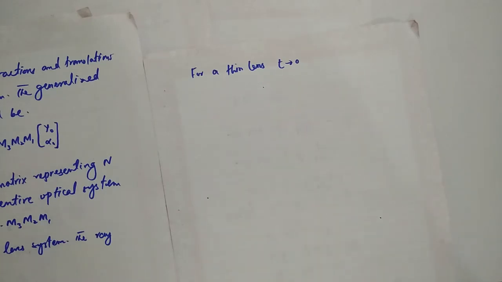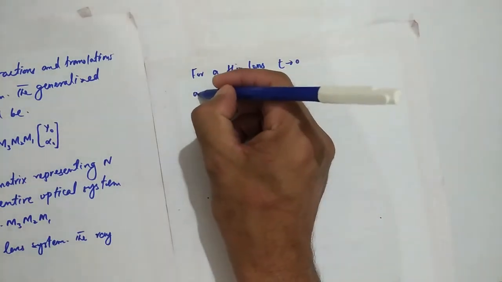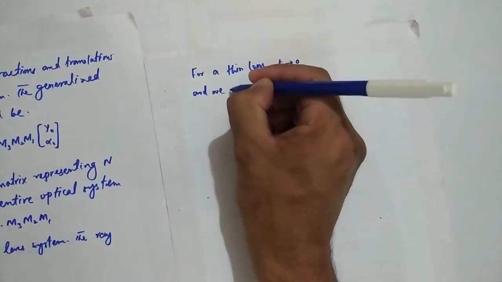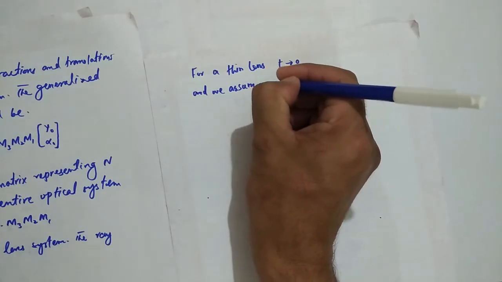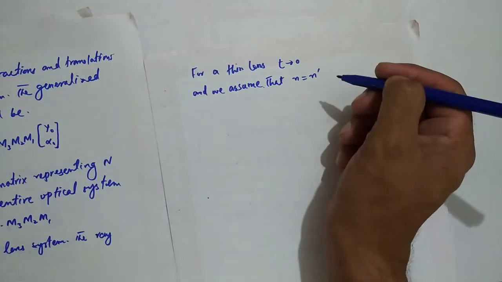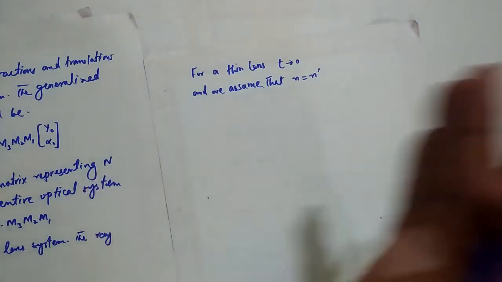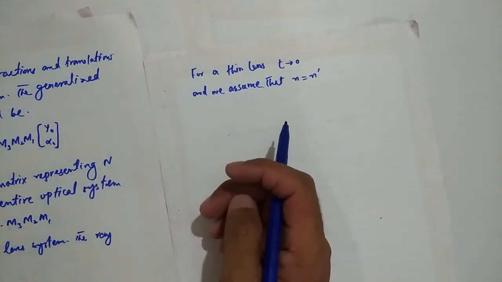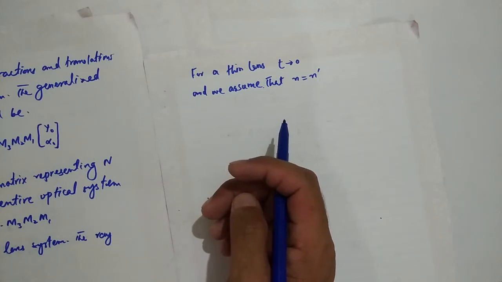And let's suppose we assume that the lens is surrounded by the same medium. It means that to the left and right of the lens, it is having the same medium, and we assume that n is equal to n prime.